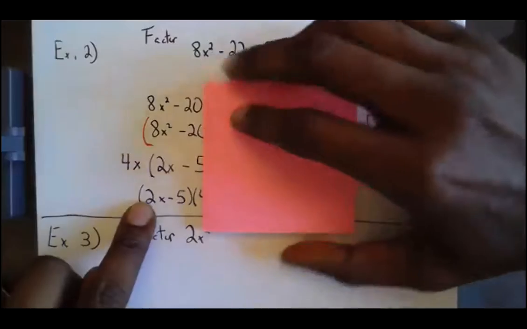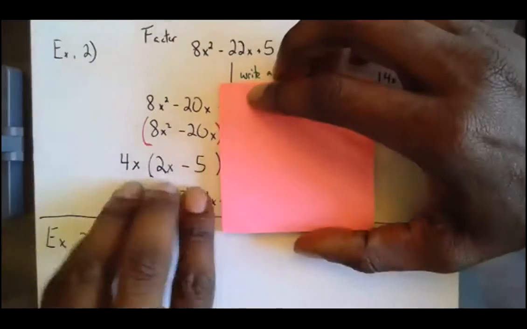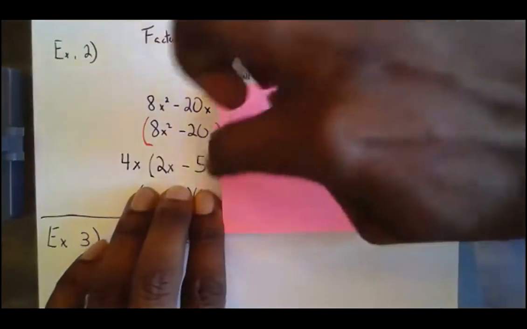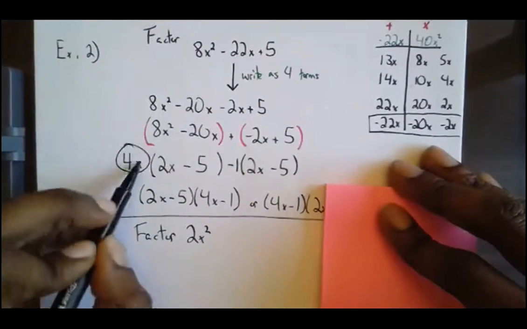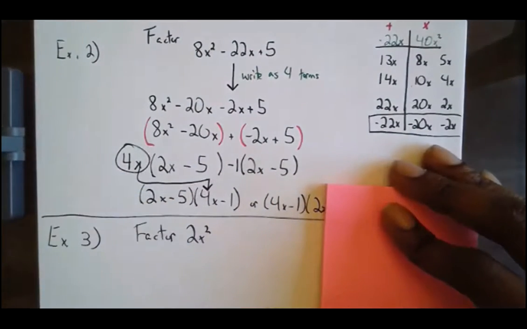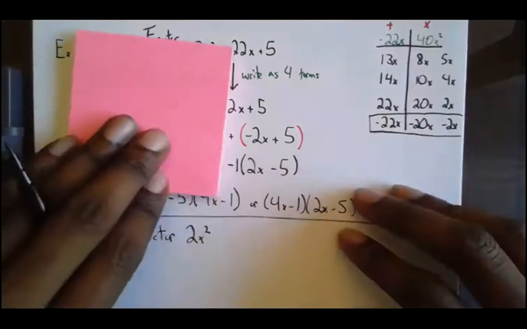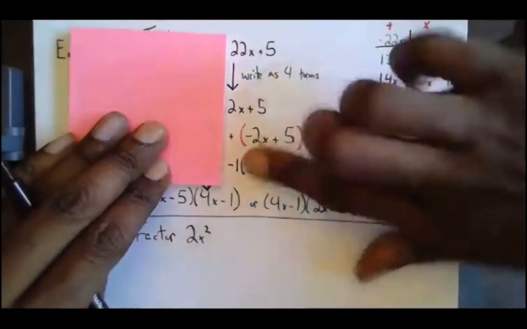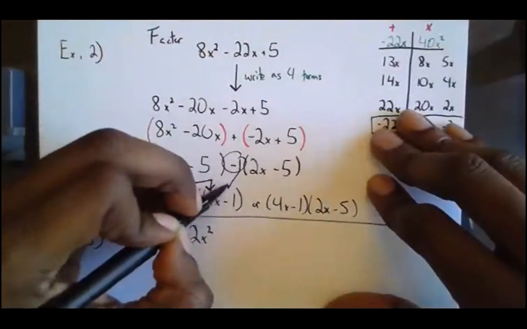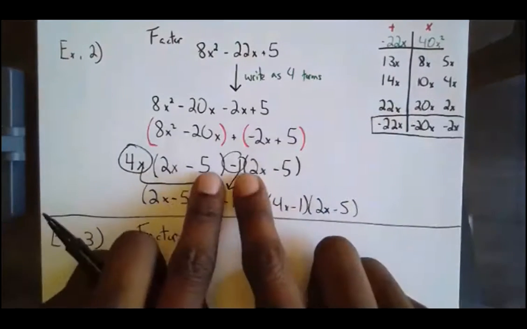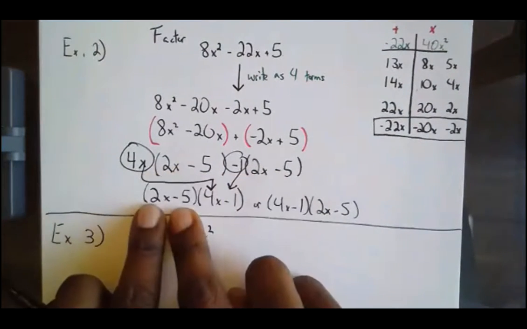Look at this right here. If we remove 2x minus 5, you're left with 4x. So that's there. And if you remove 2x minus 5 from this, what's left? -1. So that's there. So whatever you see in both, you put here.